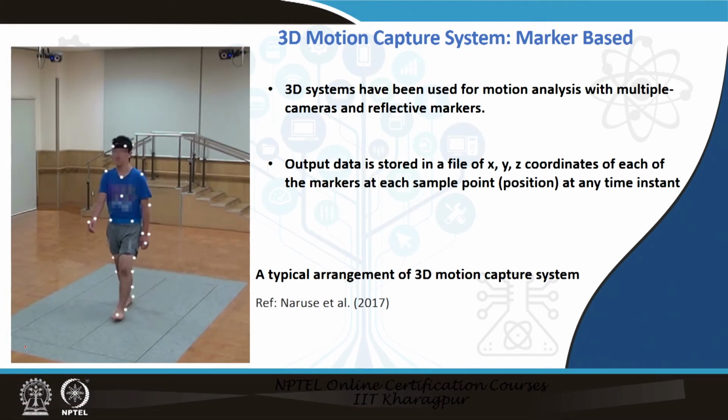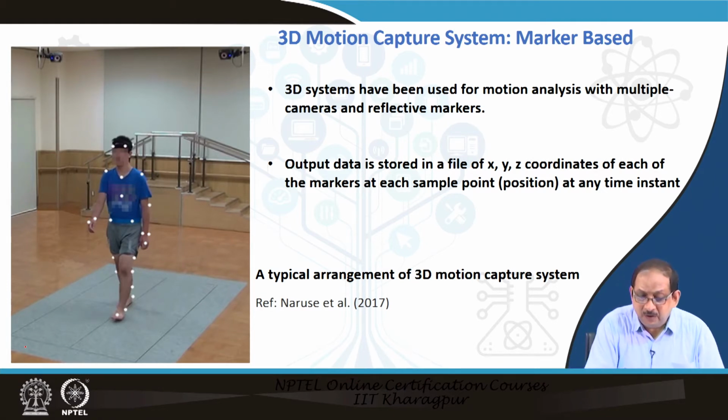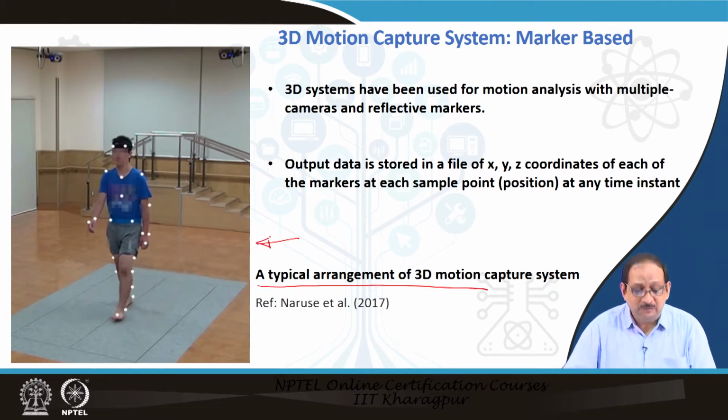Let me reintroduce the marker-based 3D motion capture system, which we had discussed in the earlier lecture. A typical arrangement of the 3D motion capture system is shown in this figure.